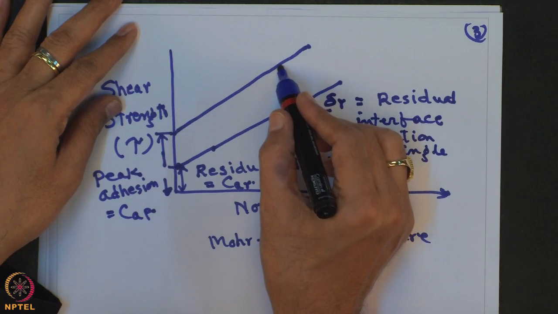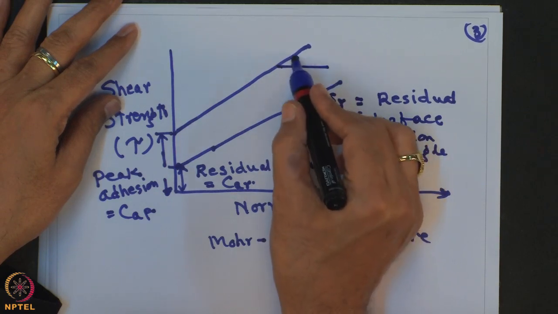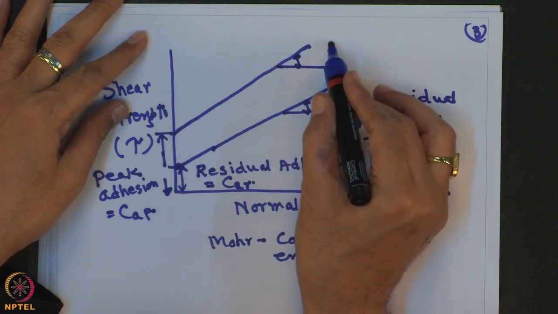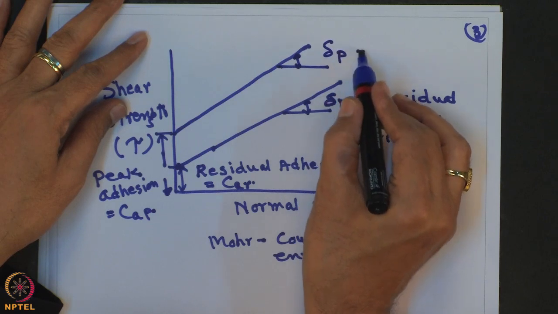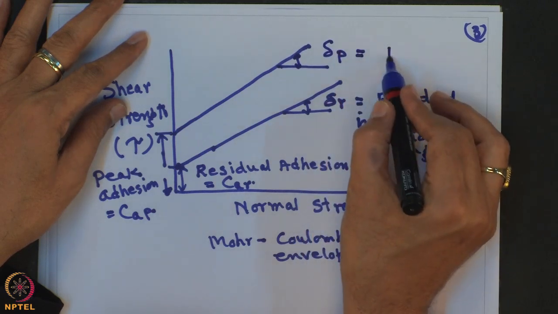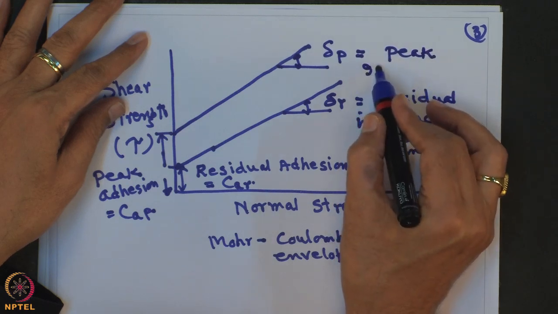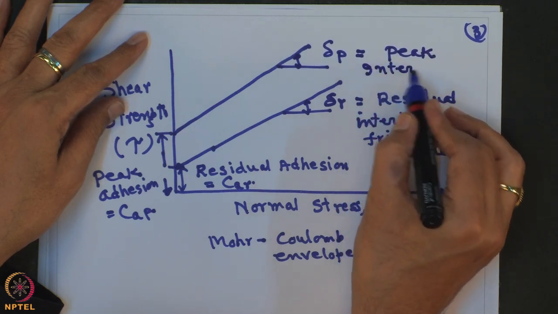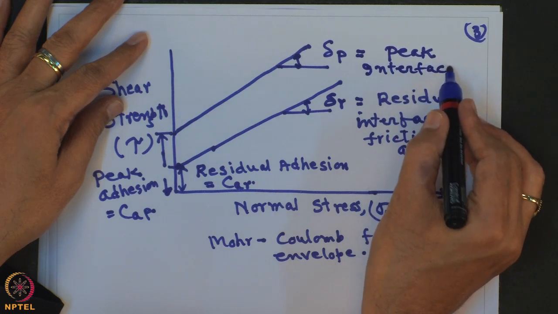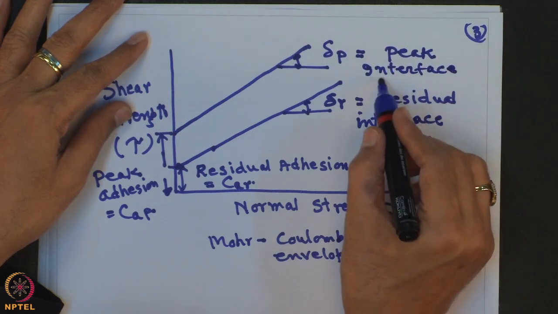And from this curve, you can determine delta_P, that is the peak interface friction angle.